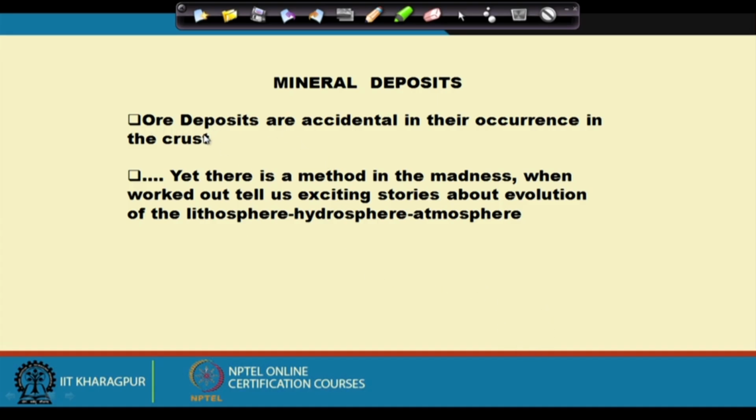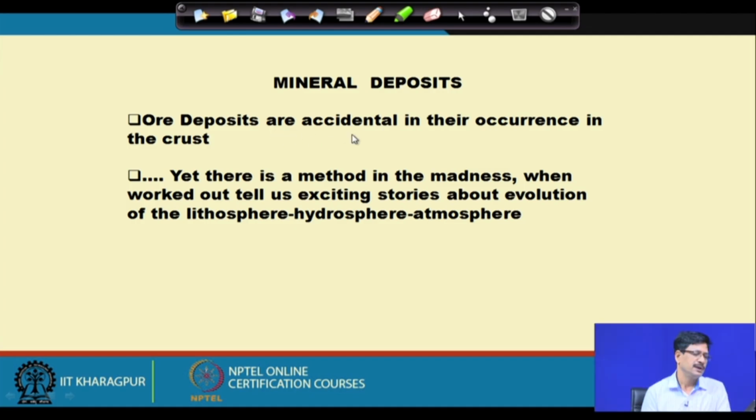The first thing, which would look a little strange, is that ore deposits are accidental in their occurrence in the crust. Why do I say accidental? Because in the previous lecture we saw, and were quite convinced, that the quantity of any metal present in its deposit is not in accordance with the equivalence or similarity of the geological terrain across the continents of the world.